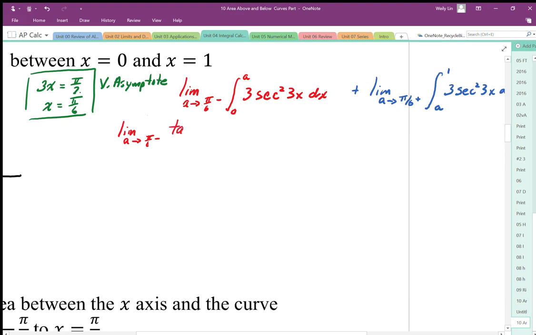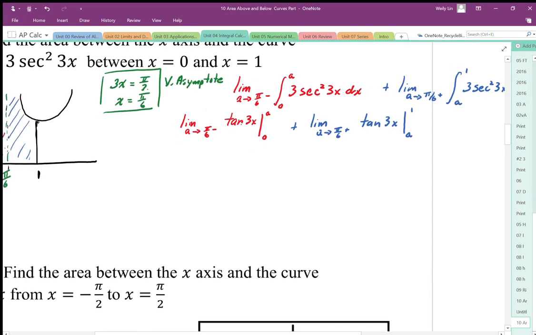So I end up with tan 3x, and I'm going to integrate from 0 to a. Then I'll do the blue side of this as well. So plus, and formally I need to use the limit as we approach the boundary from the right hand side this time. And we're going to have the same antiderivative, tan 3x. In this case, we're going to go from a to 1.